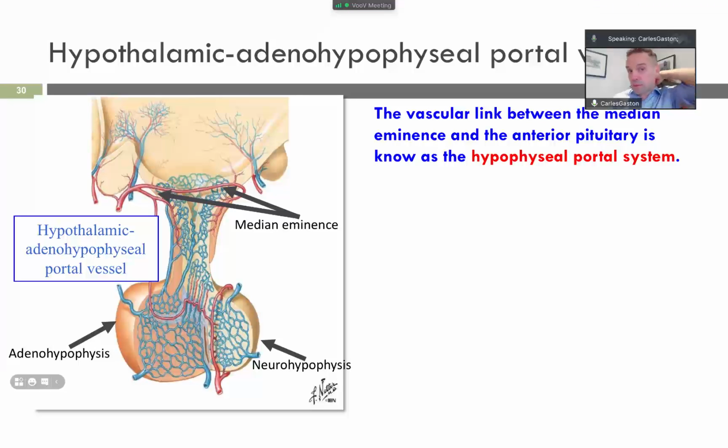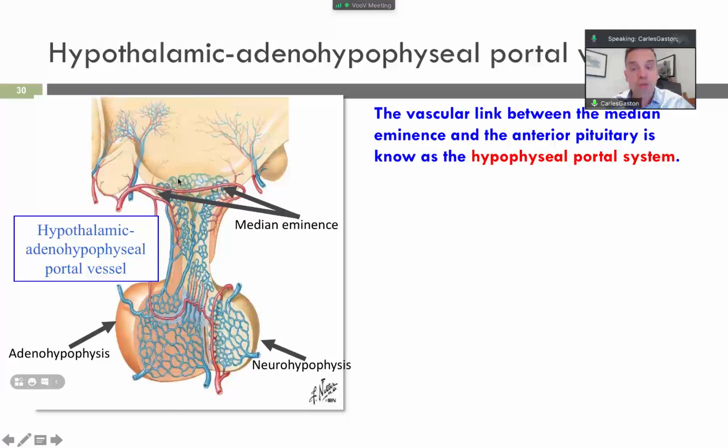So, the importance of the hypothalamic adenohypophyseal portal system. What is important to remember is that it is a vascular link between the median eminence of the hypothalamus and the anterior pituitary, called the hypophyseal portal system. Now, imagine, for example, a car accident or a tumor growing in this region that breaks the connection between the hypothalamus and the pituitary gland.